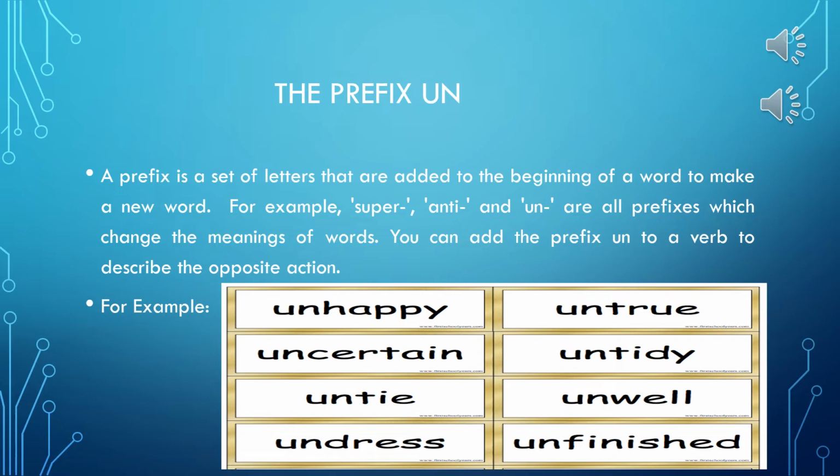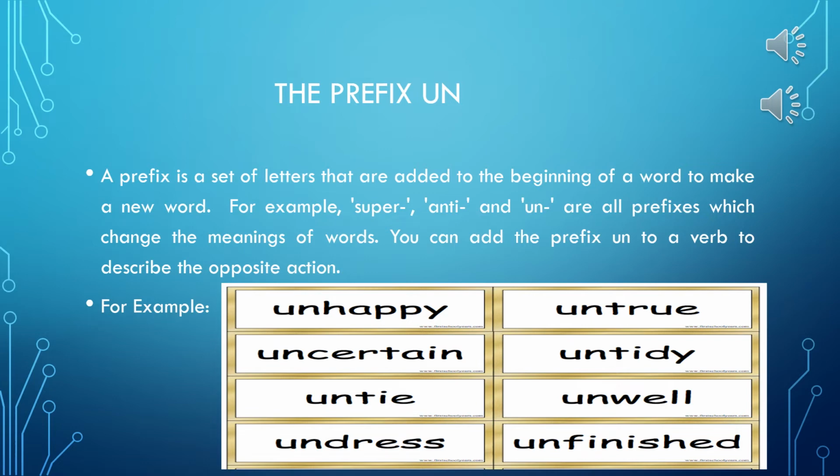Okay students, the new topic is the prefix un. Let's read and find out what it means. A prefix, look at the slide all of you. A prefix is a set of letters that are added to the beginning of a word to make a new word. For example, super, anti, and un are all prefixes which change the meanings of words.